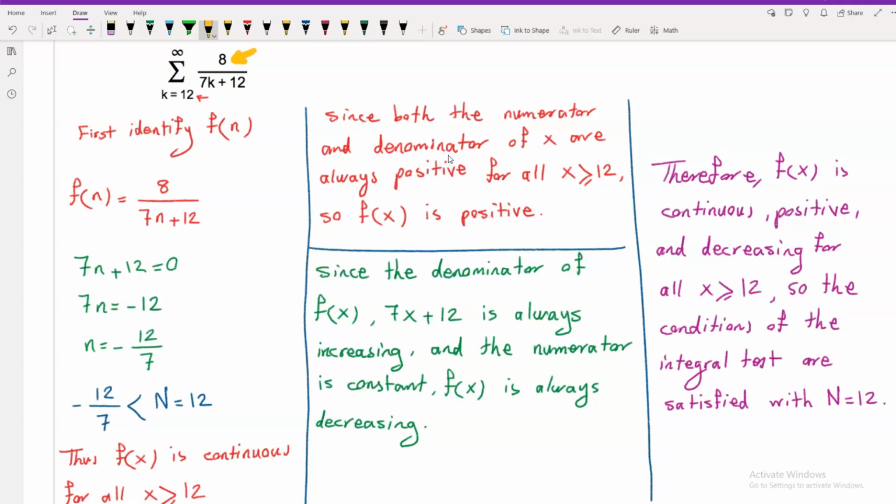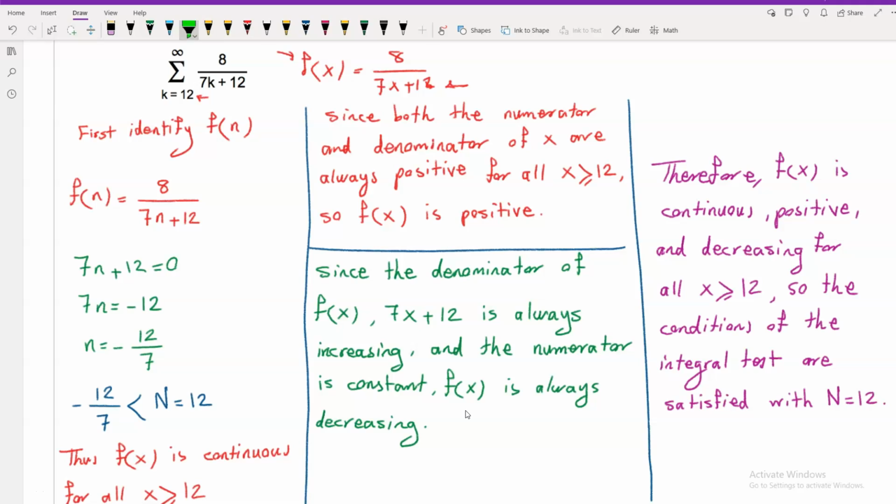So here what we have for the numerator is 8, and for the denominator we have 7x plus 12, and that is positive for all x greater than or equal to 12. Since the denominator of f of x, which is 7x plus 12, is always increasing, and the numerator is constant, our function f of x is always decreasing.